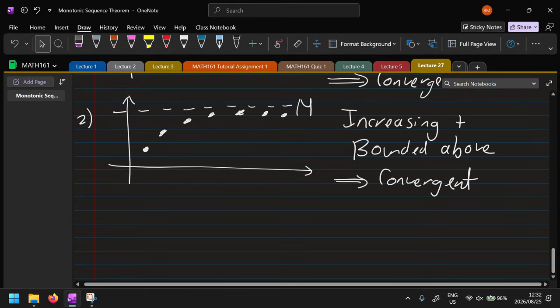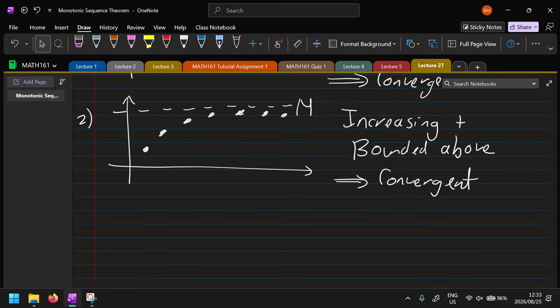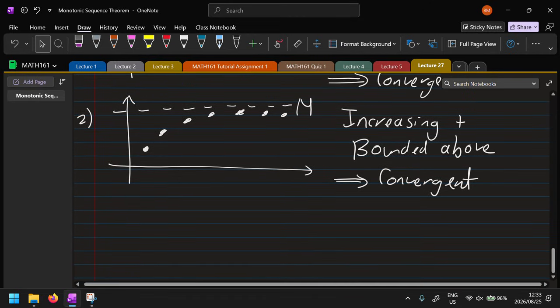So if you can show that it's increasing and it has some upper bound, then we already know it's convergent. Again, you don't need to do any limits. We know it's convergent. We don't know the limit value, okay? But we do know it's convergent.